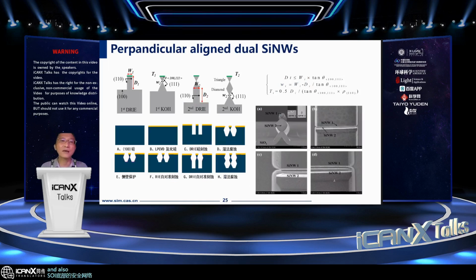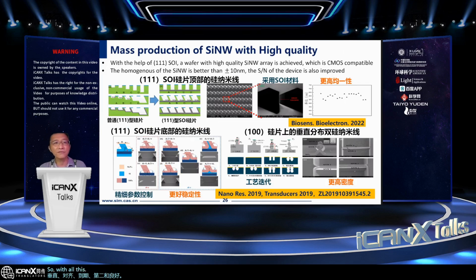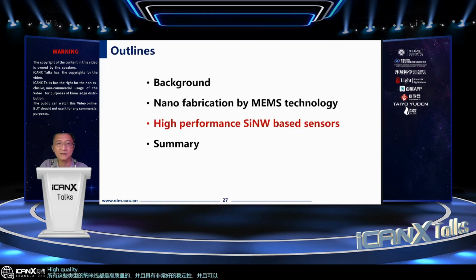And also we can do the process one more time to have the perpendicular aligned dual silicon nanowire. So with the help of the 111 SOI, we can have the homogeneous silicon nanowire, and all these types of silicon nanowire are high quality, and have very good stability, and it's possible to make high quality sensors.